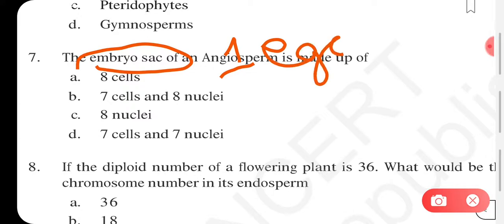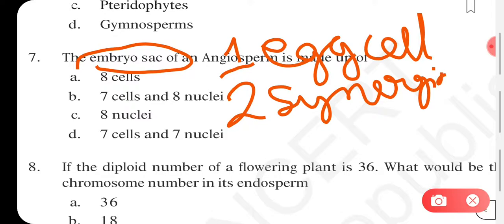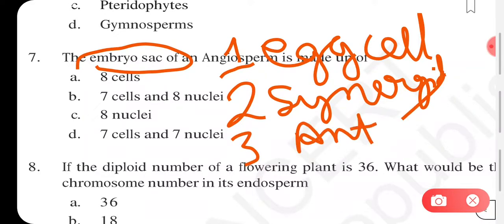One egg cell will be there. After that there will be two synergids, fine, and there will be three antipodal cells, and there will be one secondary nucleus which is formed by fusion of two polar nuclei. So one secondary nucleus will be present.